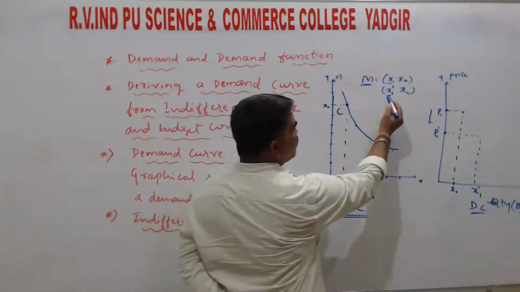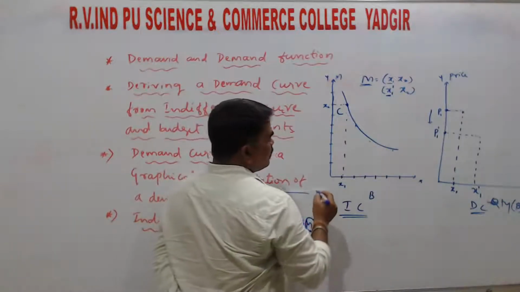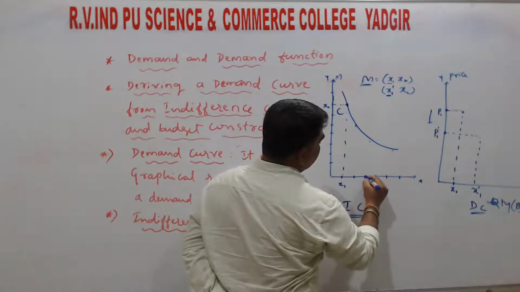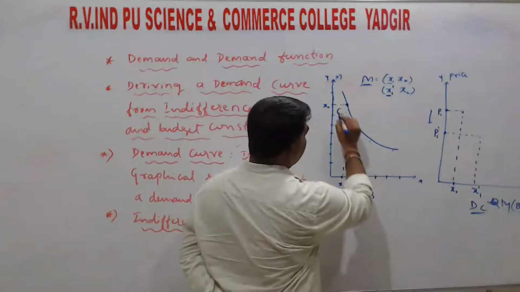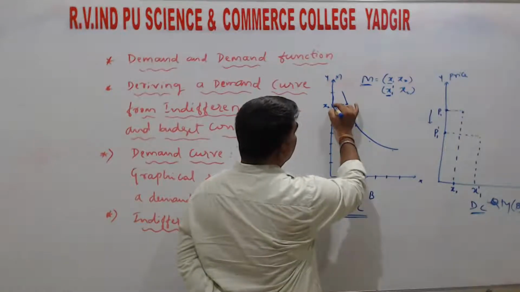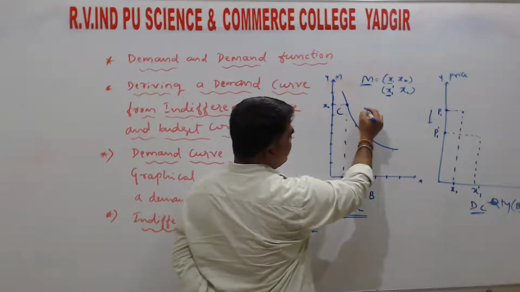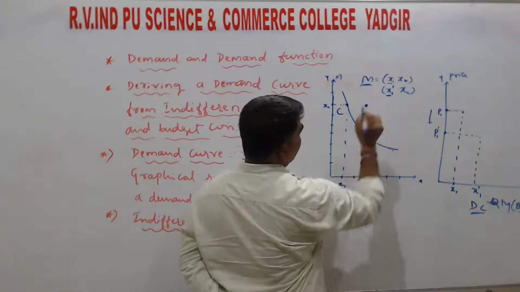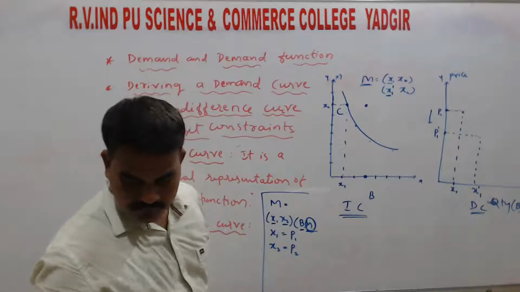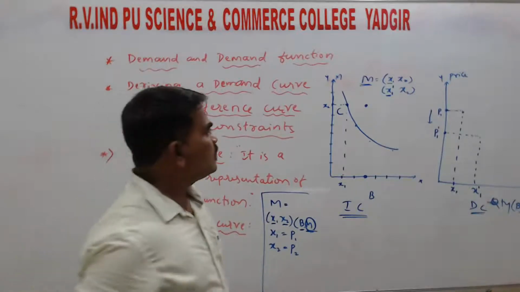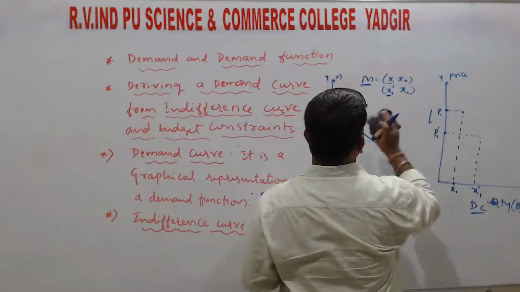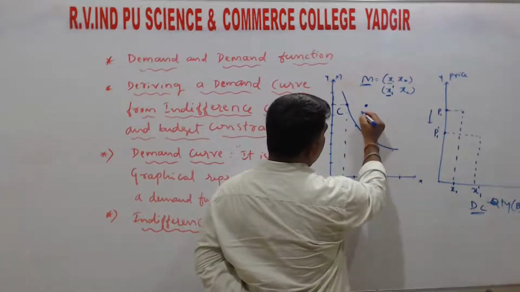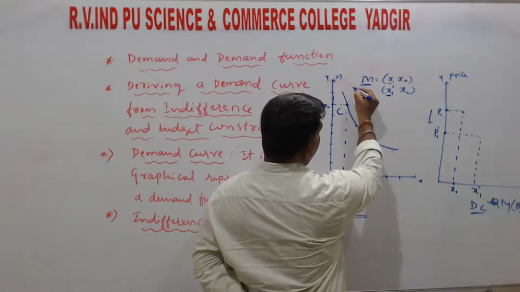So this is the new quantity. It means he will get this quantity of banana and the mango quantity will remain the same. So what is this bundle, right? This bundle I will mention as D.